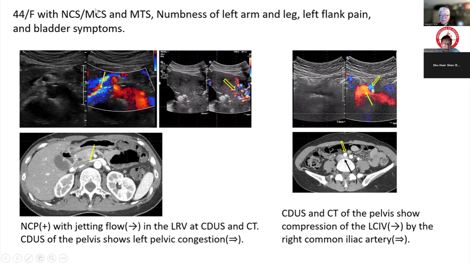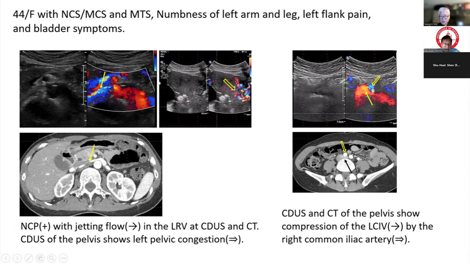This patient has pelvic congestion syndrome and bladder symptoms, and also had left leg symptoms, and I examined the left common iliac vein also. And this is the left renal vein, and we see the jetting phenomenon here and the sluggish flow here, and she also had left pelvic congestion.